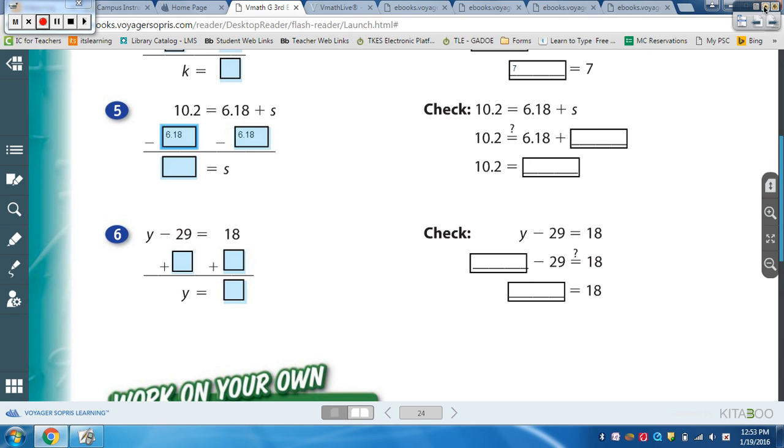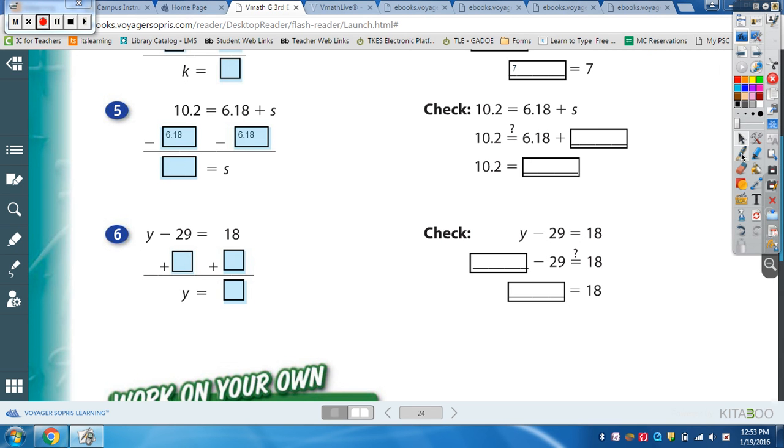If you don't have your calculators out and you want to do it manually, let's see if I can do this rather neatly here. We have 10 and 2/10, which is the same as 10 and 20 hundredths. We can add a 0 without changing the value. And we are going to subtract 6 and 18 hundredths.